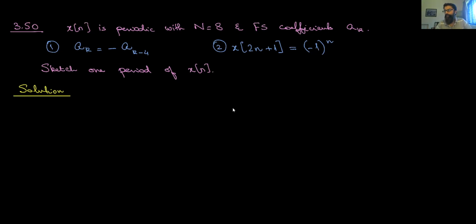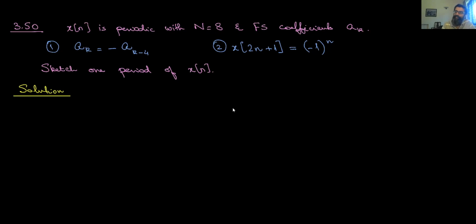Now, you can use the frequency shifting property directly over here. Let me just not use it. Let me go with the synthesis equation directly, and essentially I'm going to be deriving the frequency shifting property. So first of all, let me see the first condition. What does the first condition mean?